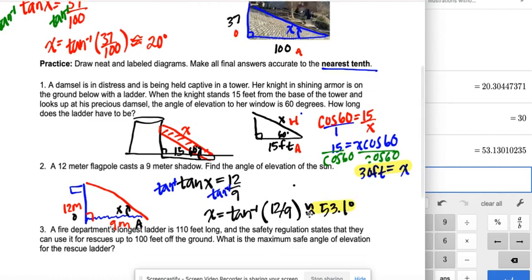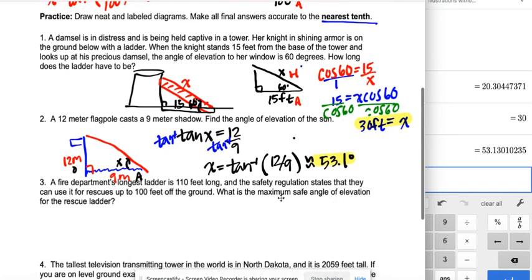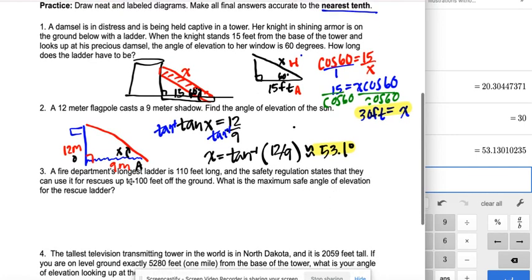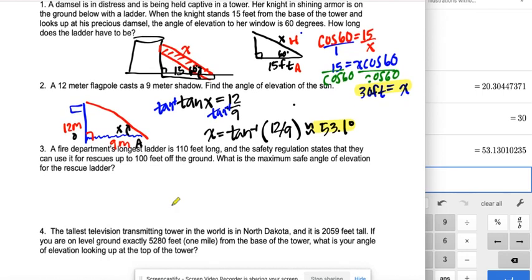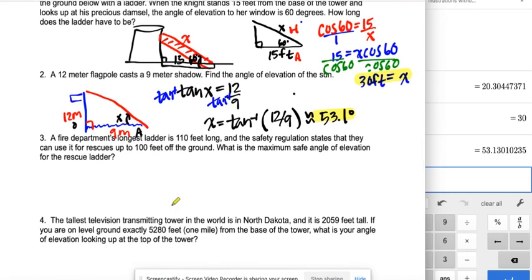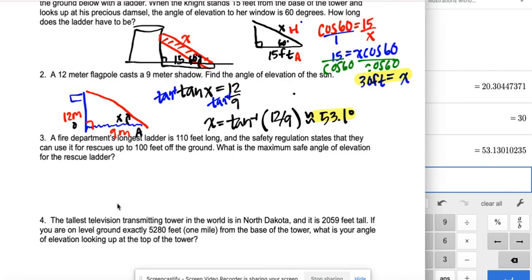All right, a fire department's longest ladder is 110 feet long, and the safety regulation states that they can use it for rescues up to 100 feet off the ground. What's the maximum safe angle of elevation? So now we're trying to figure out our angle. So let's think about if we had a building here. This is our ground.